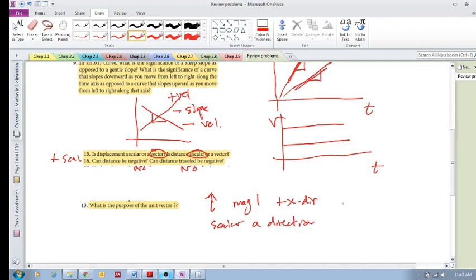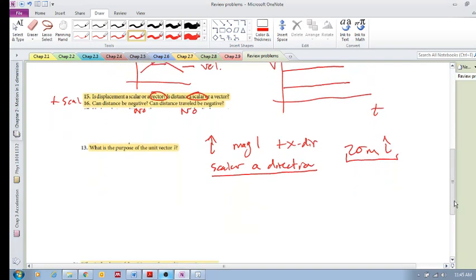So if we said that 20 meters, what does that mean? It doesn't really give us much information, but if we say 20 meters i, we know that we need to walk 20 meters in the x direction. So the unit vector gives a scalar value a direction, or gives a magnitude a direction.